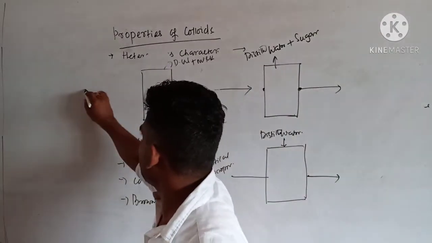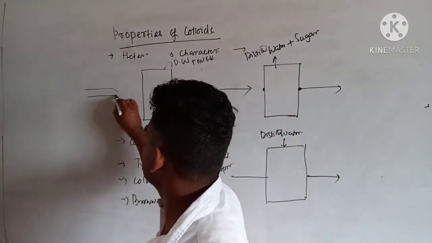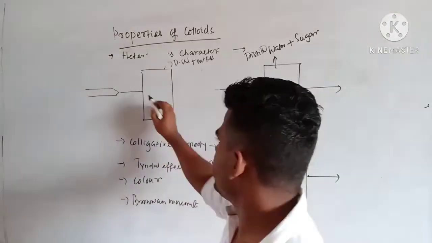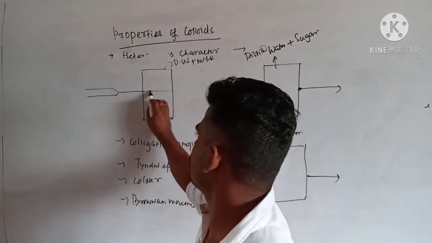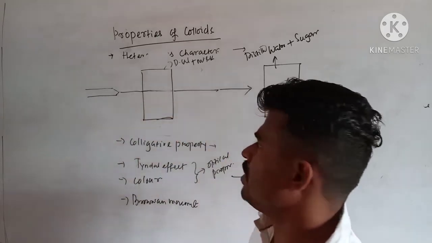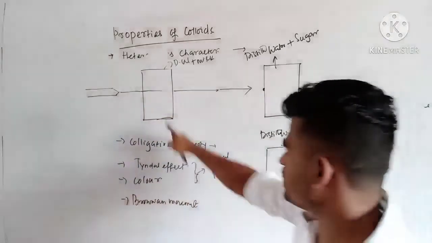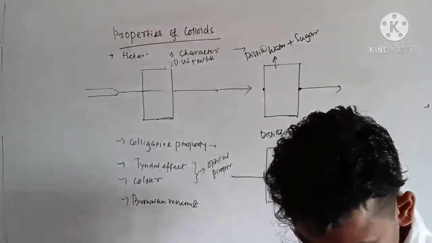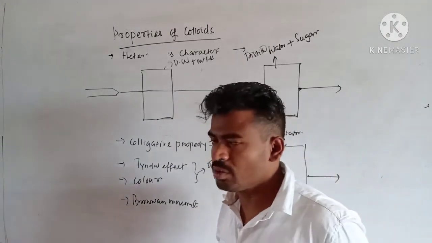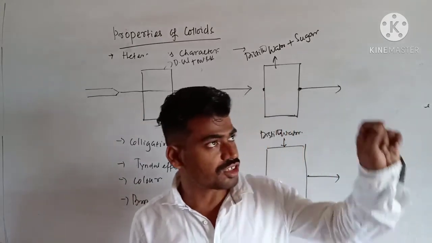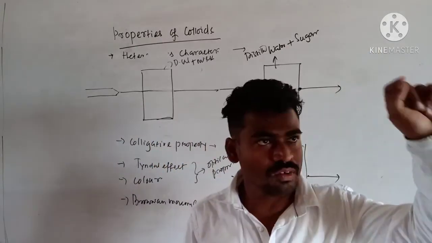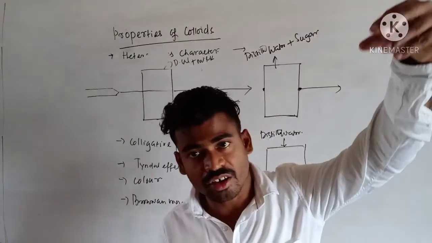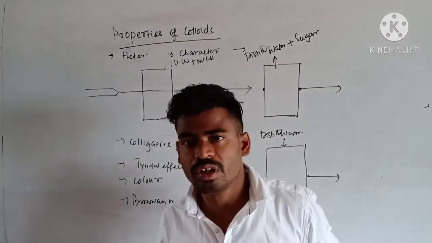If I pass light through this solution, you will be able to see that it penetrates through the solution like this, and again passes away here. But this case is not arising in the true solution. How is it possible? You have some idea, I am telling you: suppose a dark room is there and a certain hole is created at the top, then sunlight enters through this hole into the dark room.